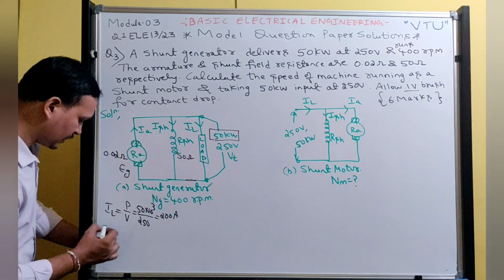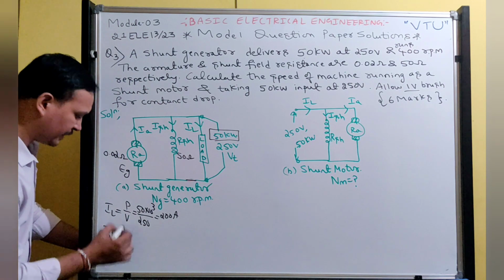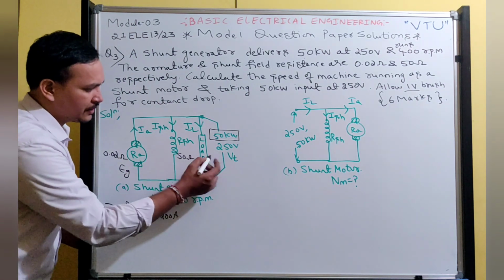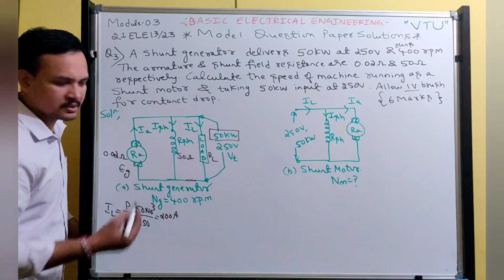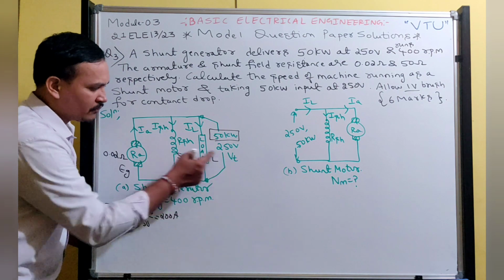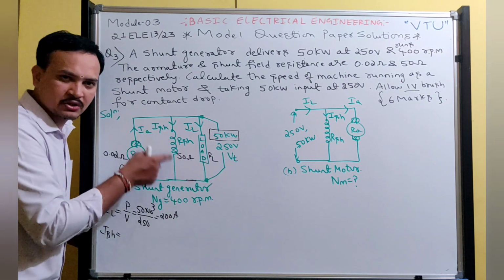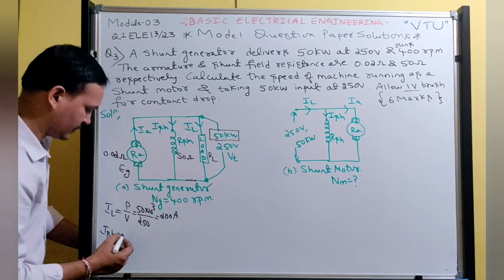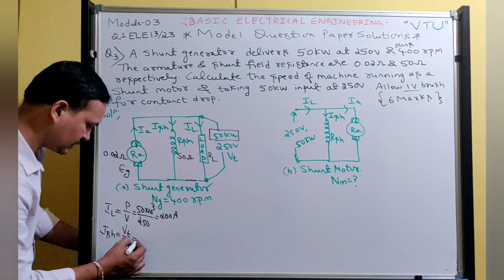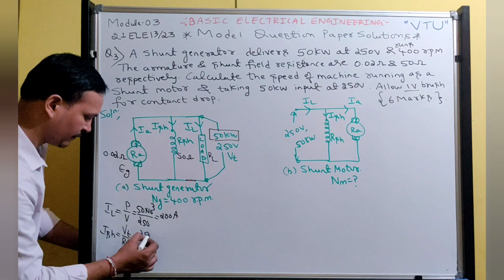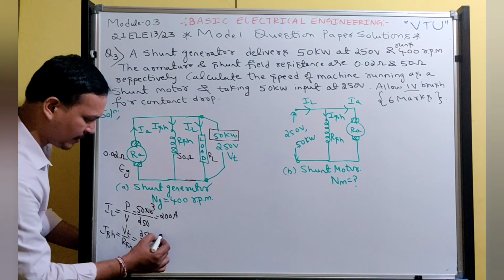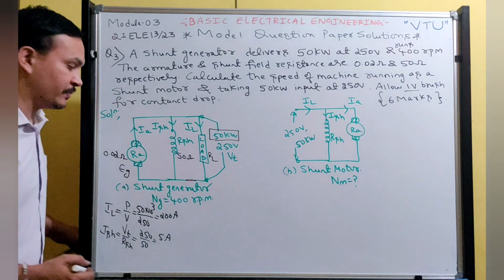Next, calculate the shunt field current, ISH. These two are connected in parallel. Assuming the load has some resistance, that is not required for us. Since they are parallel, the same voltage will be across RSH also. So ISH is VT by RSH. VT is 250, and the shunt field resistance RSH is 50. 250 by 50, you will get 5 ampere.